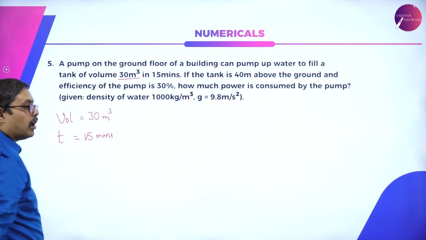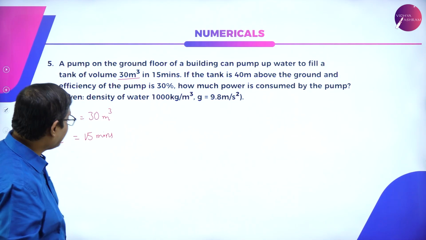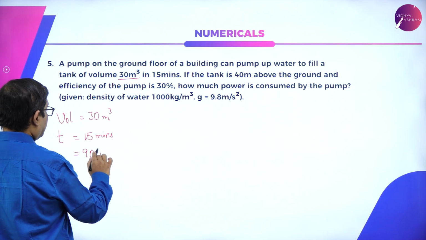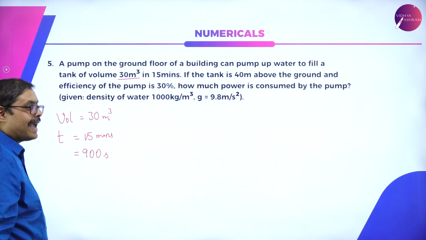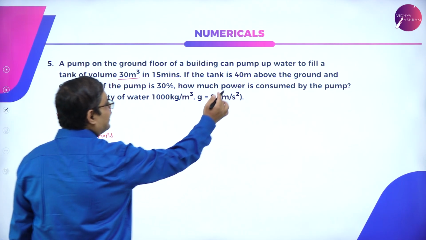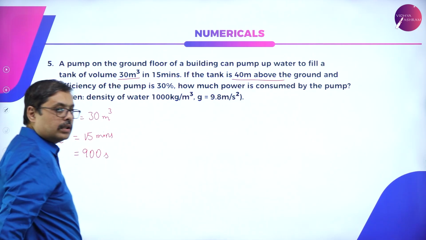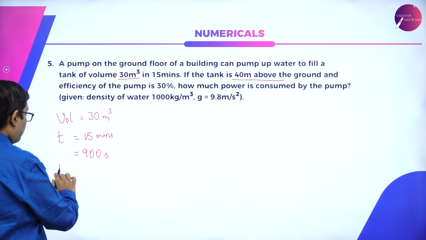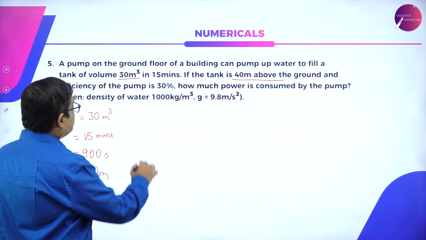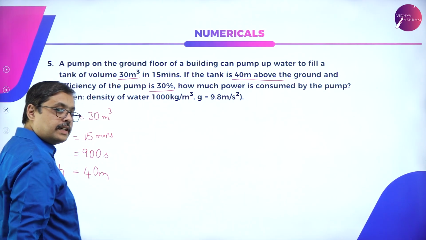Please remember, we always want time to be in seconds. So 15 into 60, which is 900 seconds. So the tank is filled in 900 seconds. The tank is 40 meter above the ground, so the height of the tank above the ground is 40 meters. Efficiency of the pump is 30%.